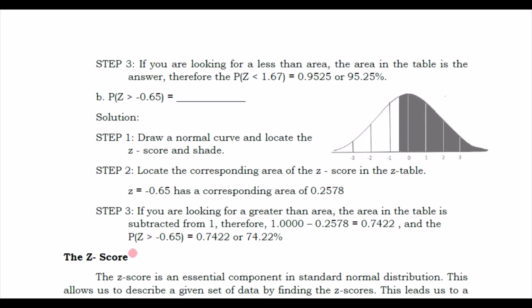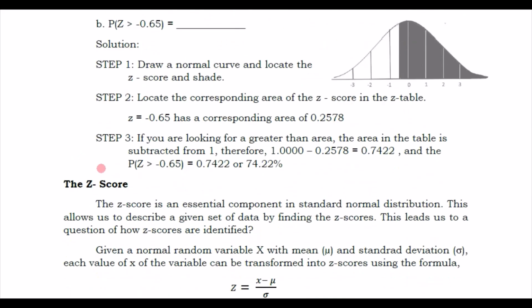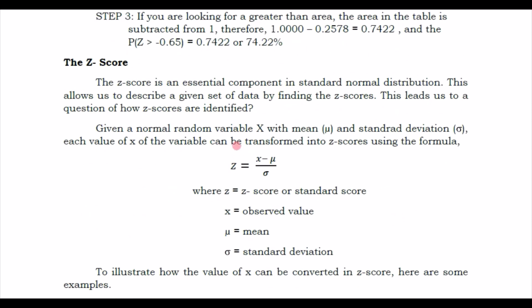Okay, so yun yung sagot dito sa letter B. The probability of Z is greater than negative 0.65 is equal to 0.7422 or 74.22%.